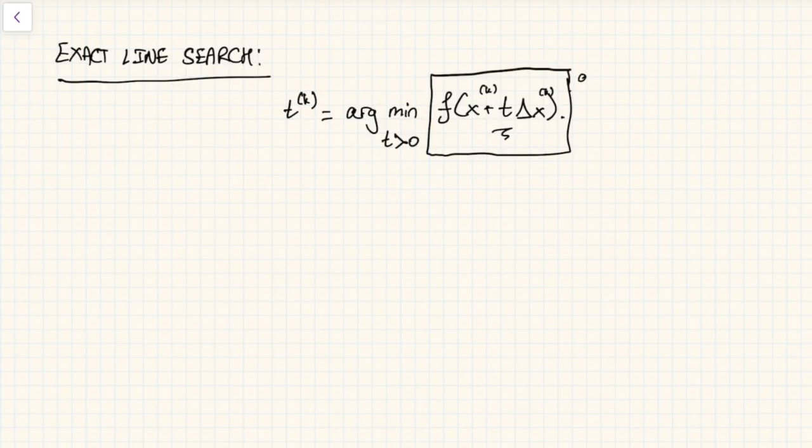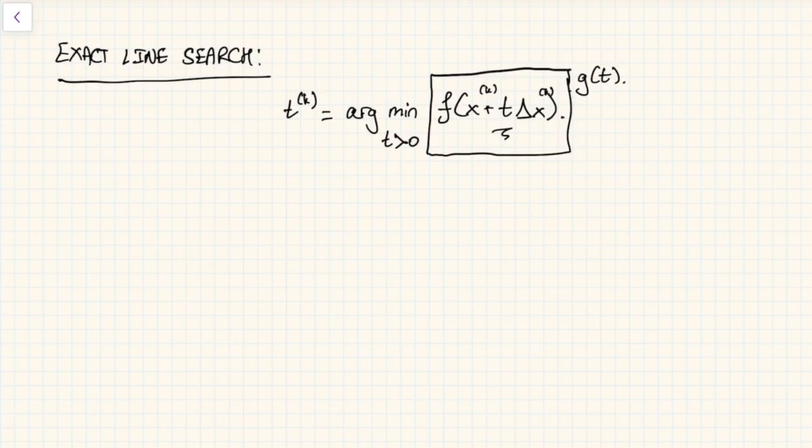So calling this guy g of t. So really, you're just minimizing g of t. So numerically, what you do is just exhaustively generate different values of g and pick the t that corresponds to the smallest g, as we'll see in the MATLAB example. That's in case you don't have an analytic solution. And later on in this course, we're going to be seeing efficient ways of performing exact line searches.